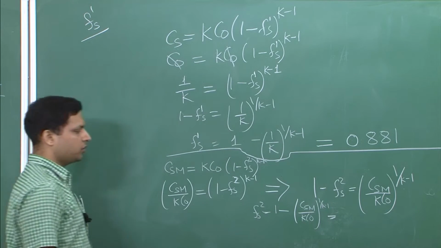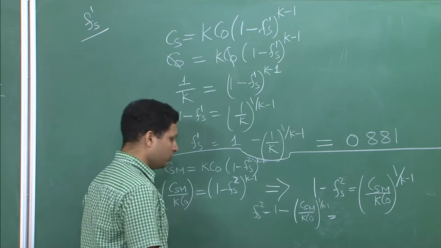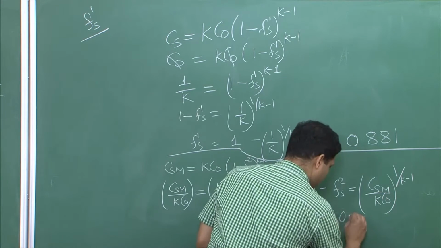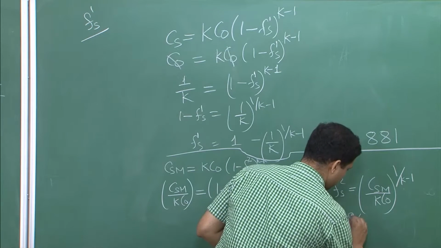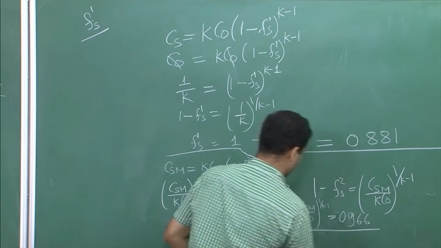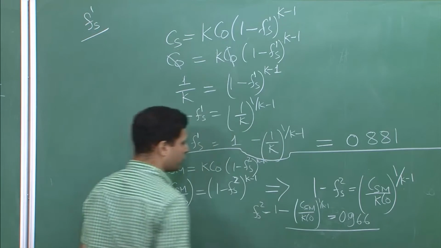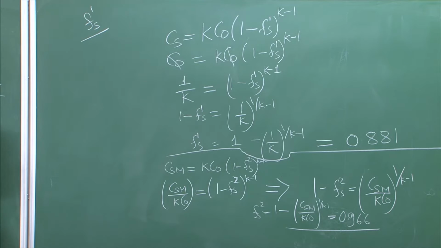Now when you put the values, you would see that FS2 would come out equal to 0.966. So we have FS1, we have FS2, and these are the values.